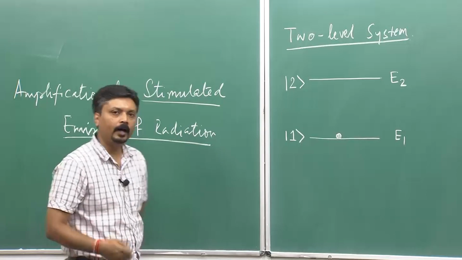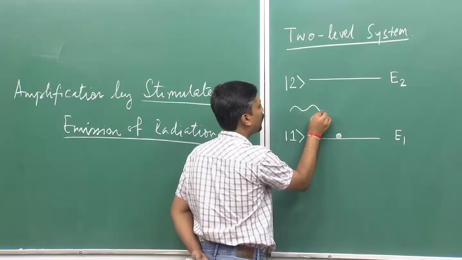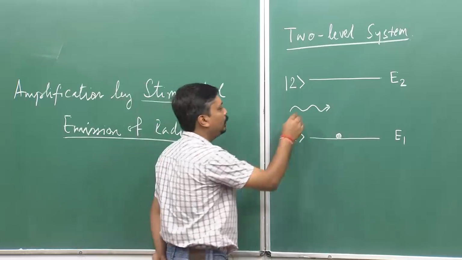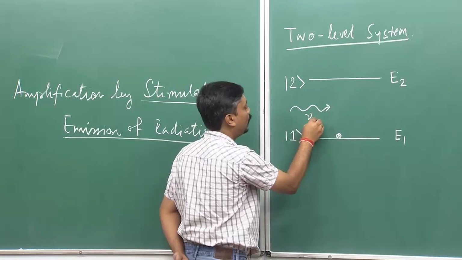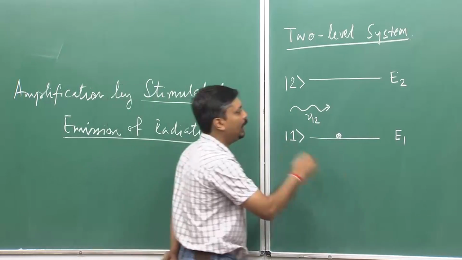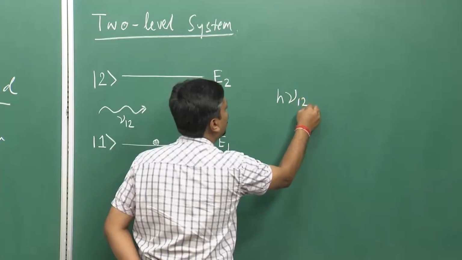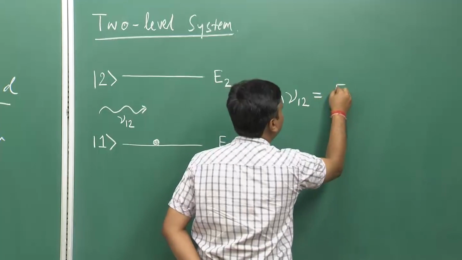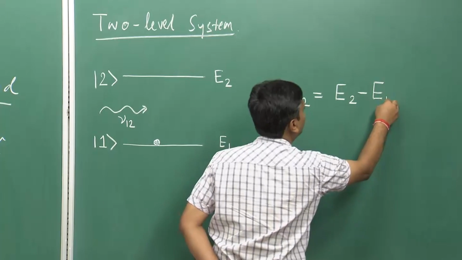Now, if I shine light such that the frequency of that light, let me call it nu 1 2, is such that h nu 1 2, where h is the Planck constant, is equal to the energy gap in this system, that is E2 minus E1.